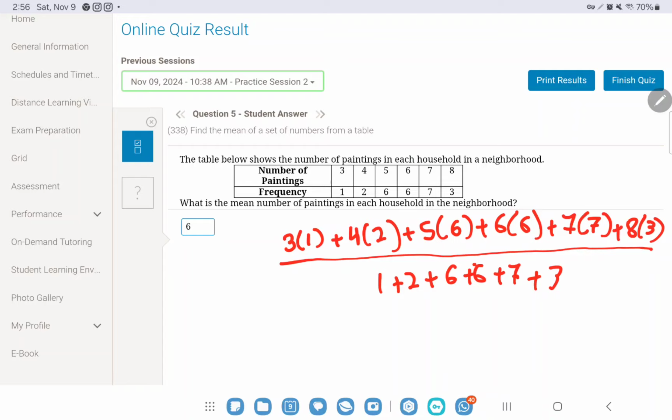Oh my gosh, my calculator is really slow. 8 plus 30 plus 36 plus 49 plus 24 divided by 1 plus 2 plus 6 plus 6 plus 7 plus 3. You're gonna get all equal to 6. And that's our answer and how we got it. Let's move on.